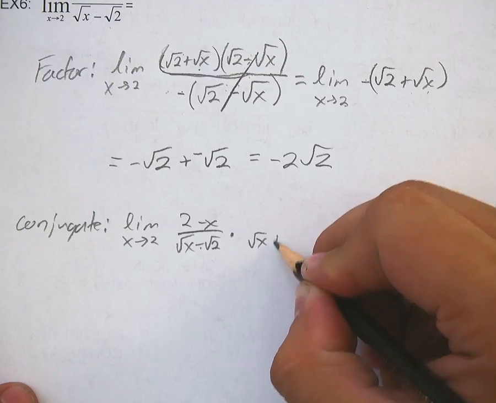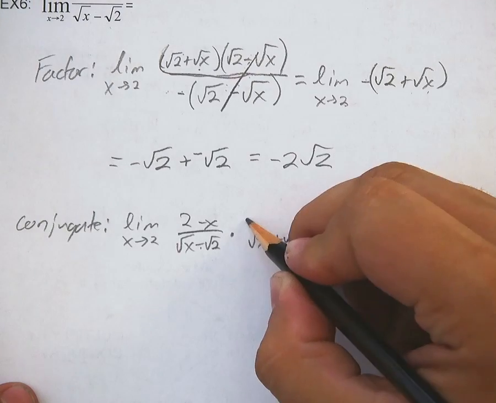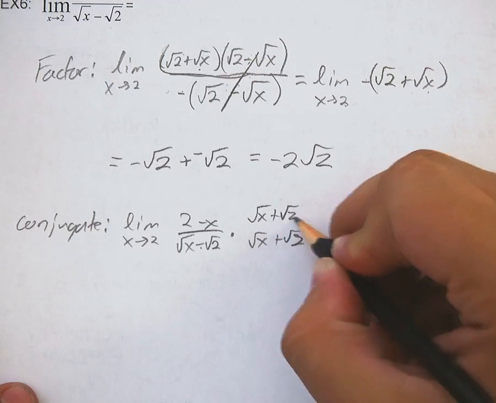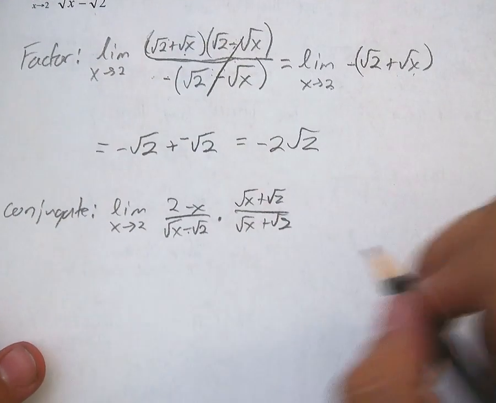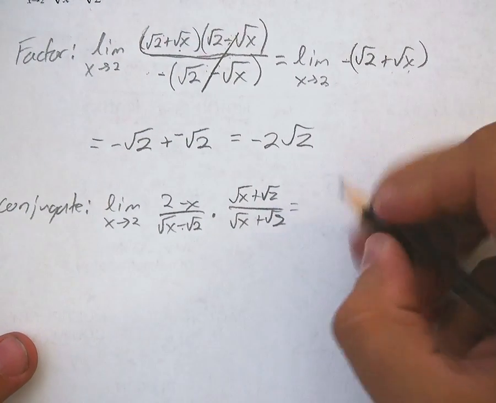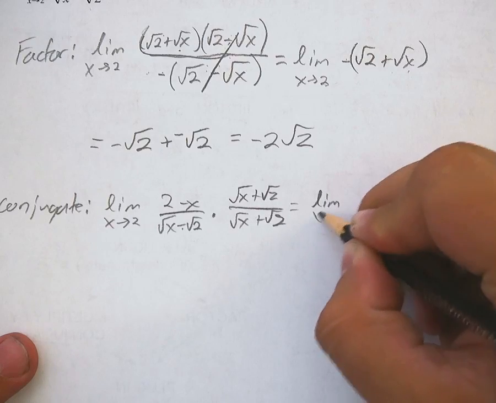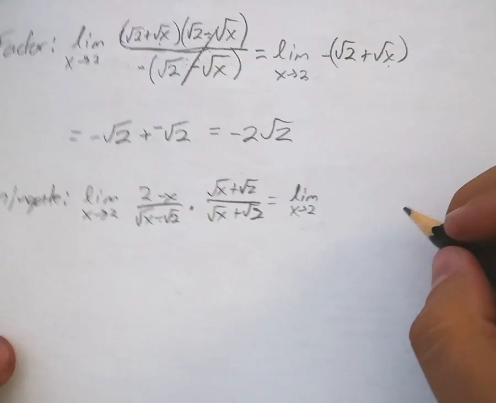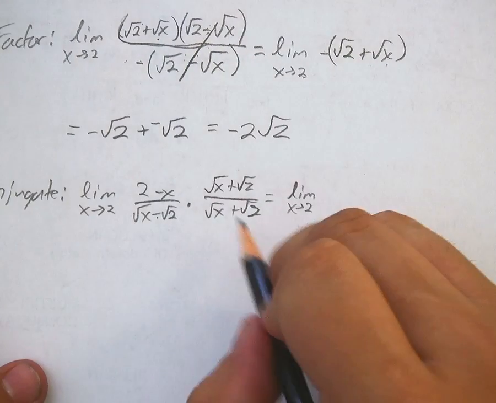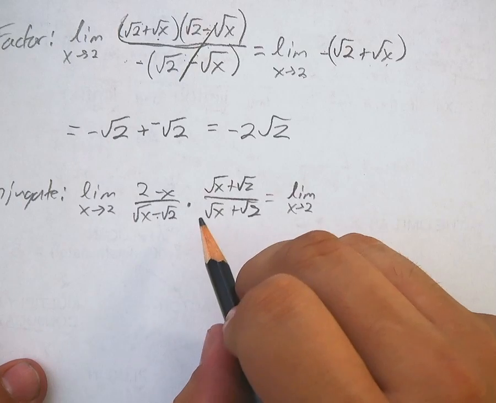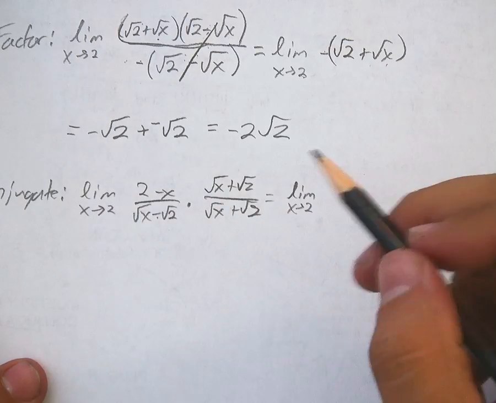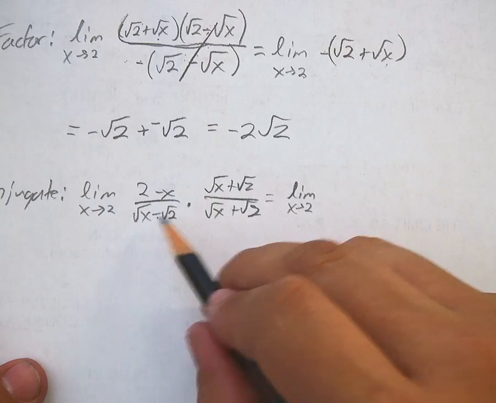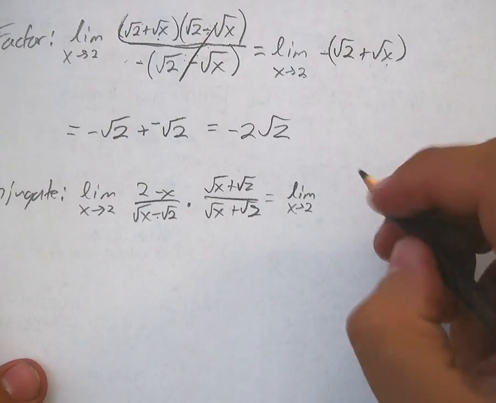Square root of x plus square root of 2, top and bottom, multiply straight across. That's going to give me the limit as x goes to 2 of, down here on the bottom, you have the square root of x times the square root of x. So that's going to give you an x, basically.